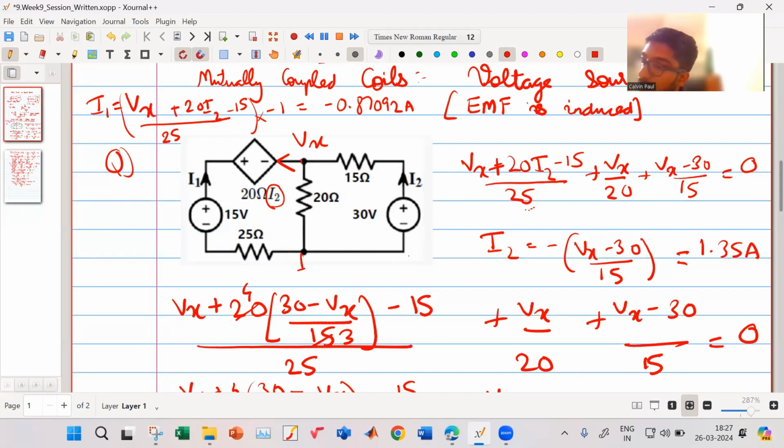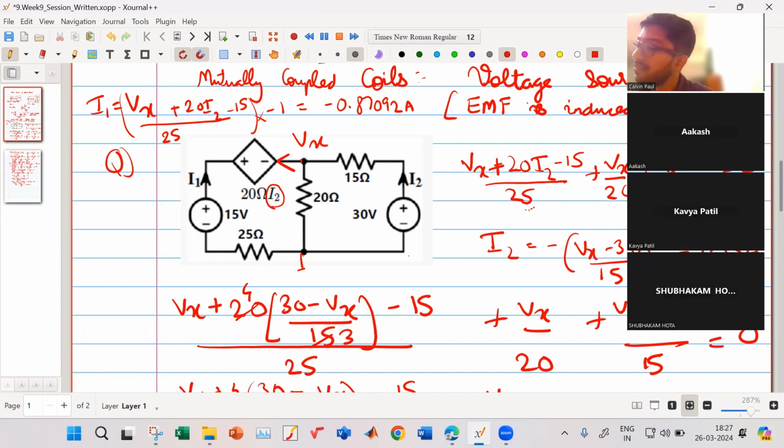So can anyone tell me why it is written 20 ohm I2 over here? Since it is a voltage. Because of I2, the 30 volts is supplying the power. Hence it is dependent on that. Yeah, but why did we add ohm? Someone else saying something else?